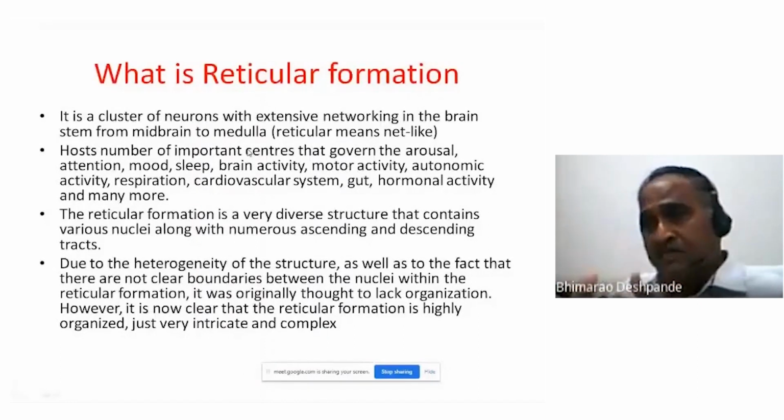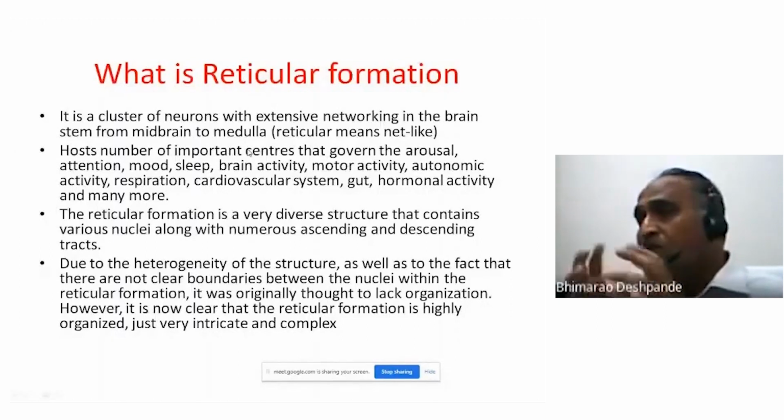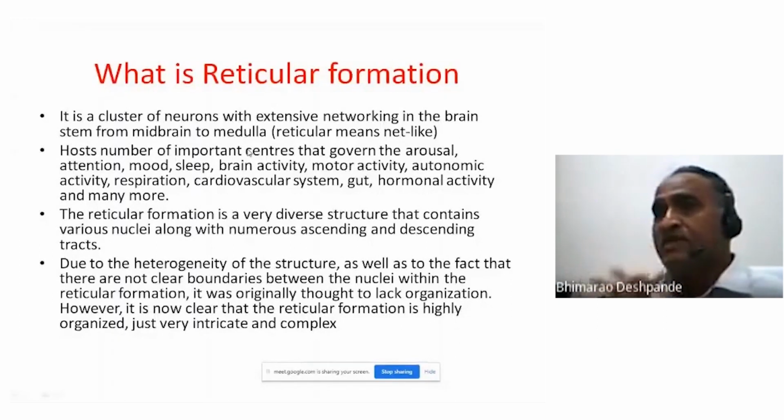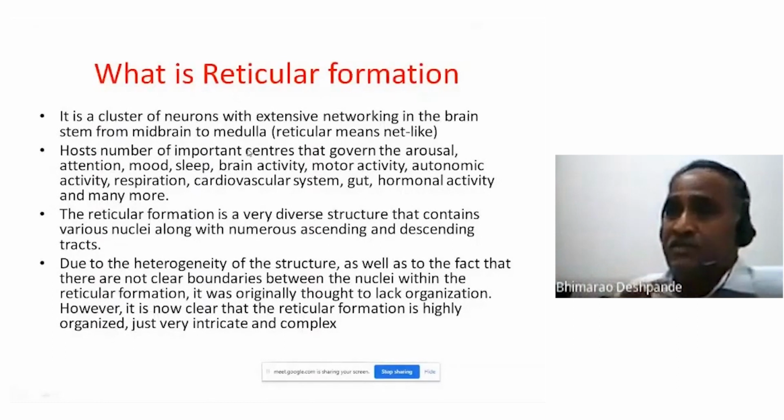Regulating the gut, the movement of the entire gut, starting from the mouth to the end. That means starting from mastication, swallowing, the movement of the esophagus, the gastric movements, the intestinal movements. All these things are regulated by the reticular system.